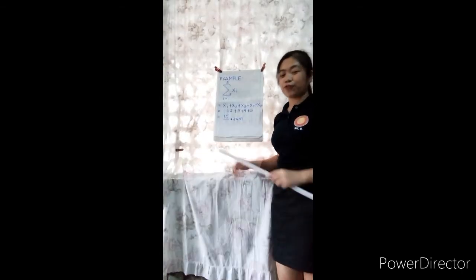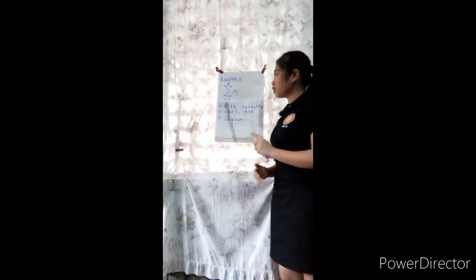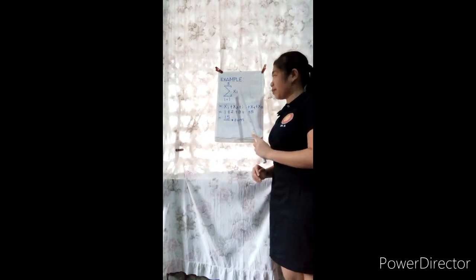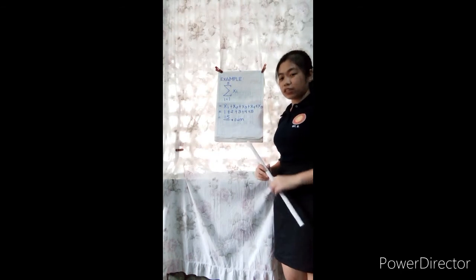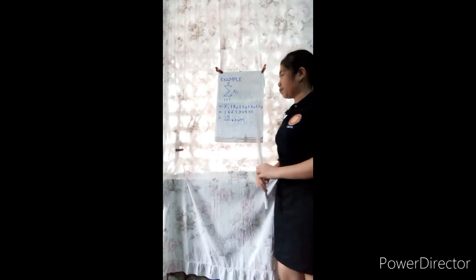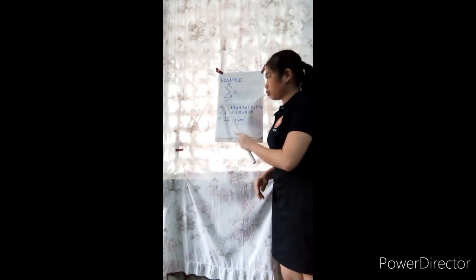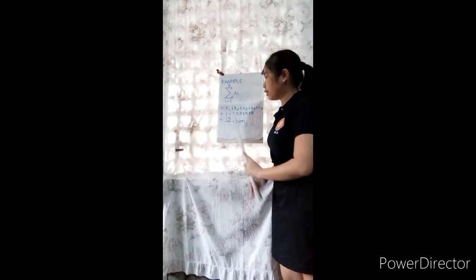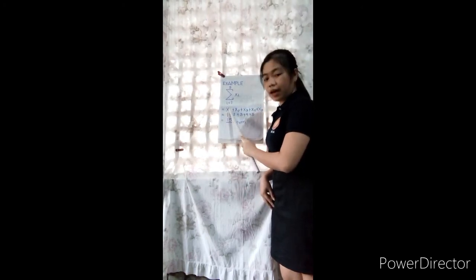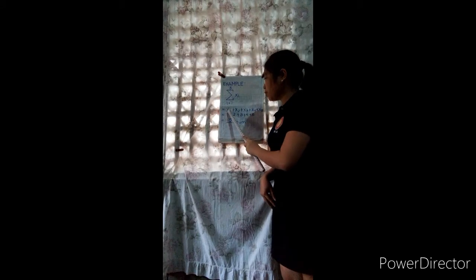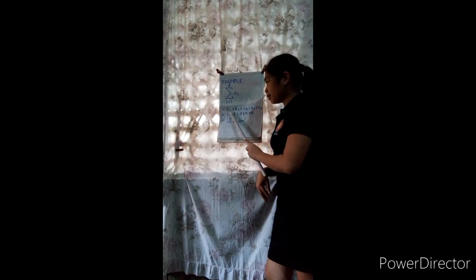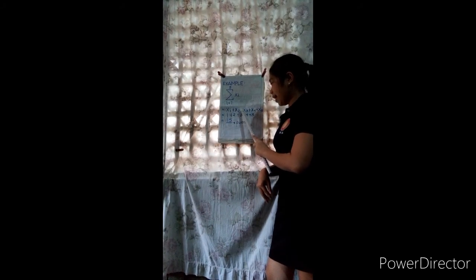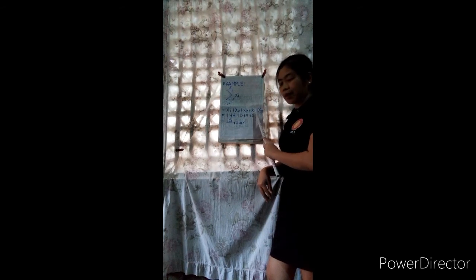Here is our first example. Summation of x sub i, where i ranges from 1 to 5. So, paano ta na siya i-simplify? Since 1 ang aton nga first point, masugod kita. Copy these values: x1 plus x2 plus x3 plus x4 plus x5.